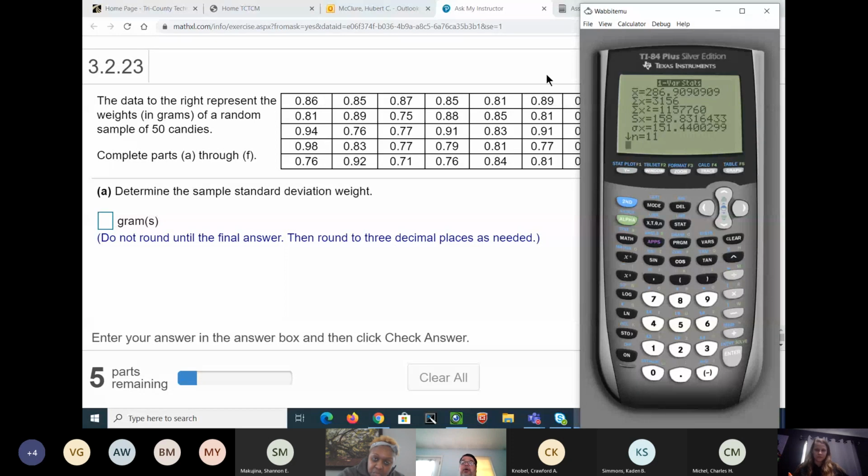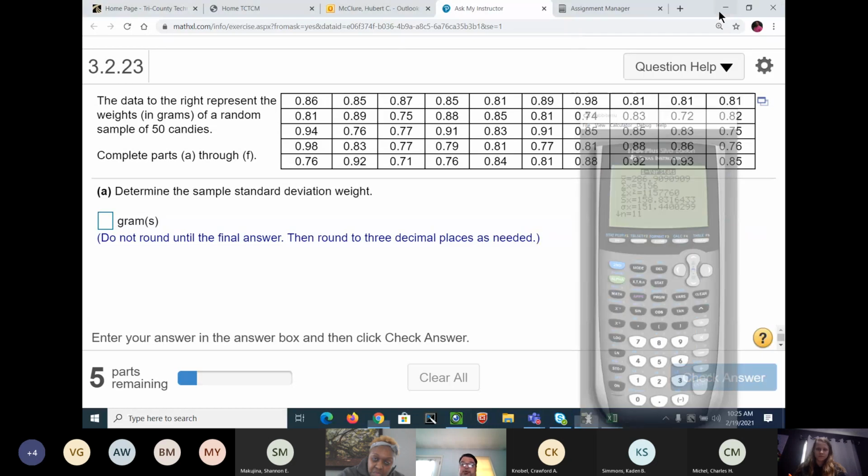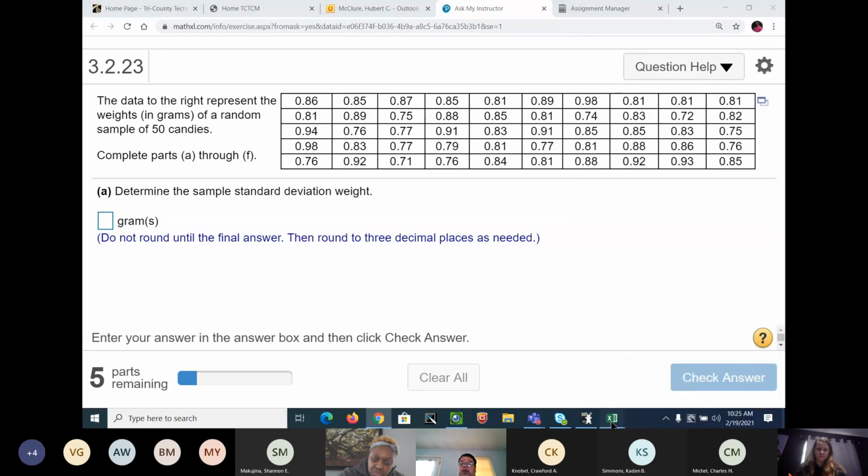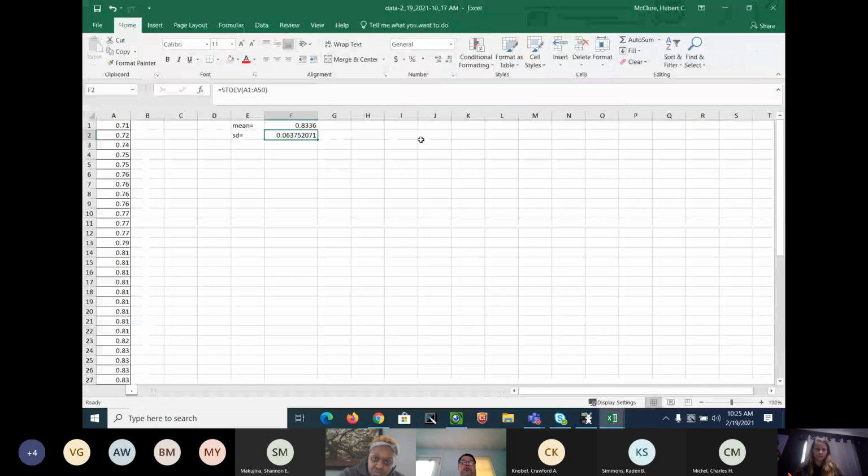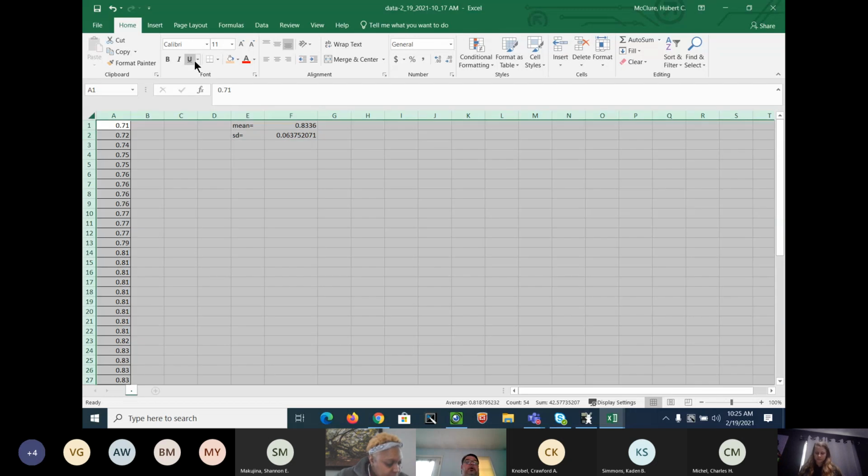Okay, I already did it on the Excel spreadsheet, so you match up yours with mine. I got a mean of 0.8336 and a standard deviation of 0.063752071. That should be what your calculator spits out. I'll make it a little bit bigger.